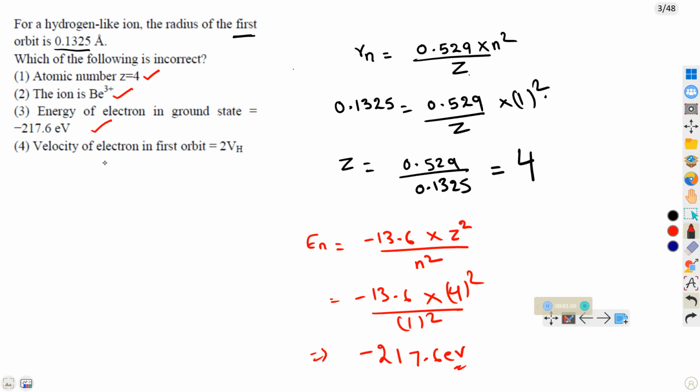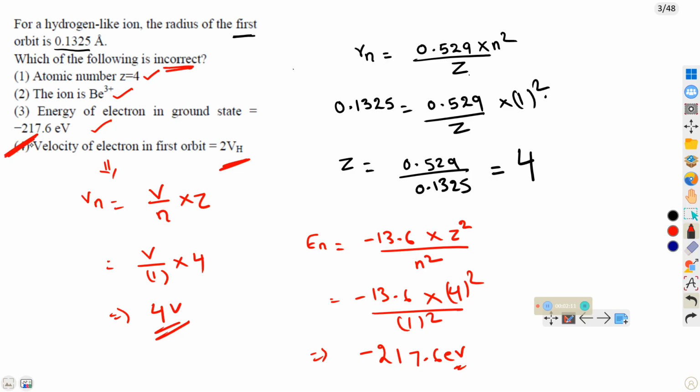Yes, this is also correct. Velocity of the nth orbit, Vn equals V by n into Z. So V by 1 into 4 equals 4V. But here it is given as 2V, so this is the incorrect statement, the fourth statement.